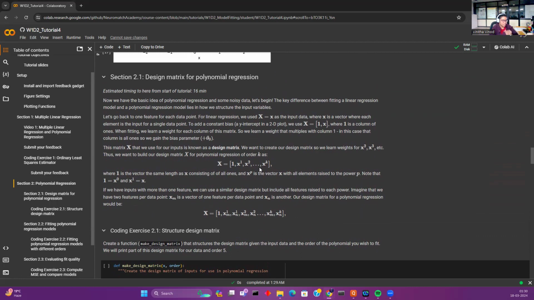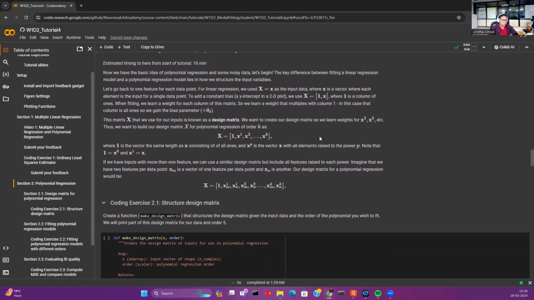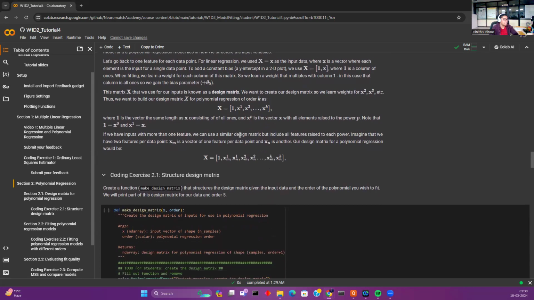This matrix x that we use for our inputs is known as the design matrix, and we want to create a design matrix so that we can use these x squared, x cubed, these weights in it, right? And thus we want to build a design matrix x for, let's say, an order k. Let's say k is the highest power in this one particular polynomial regression.